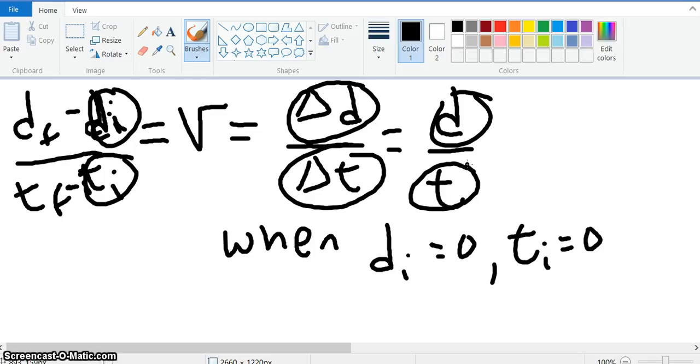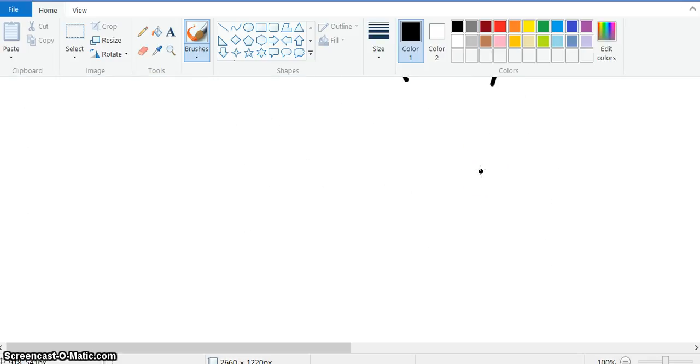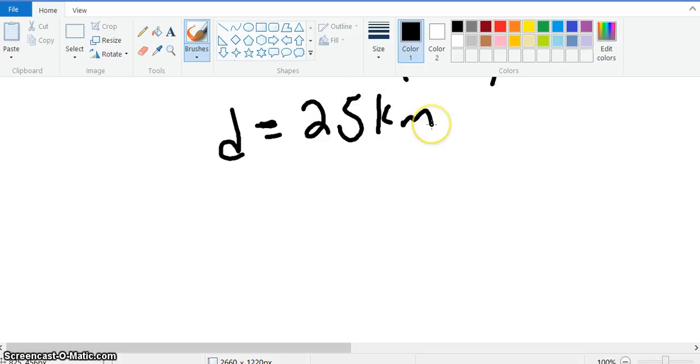So let's do a quick example. Suppose we had a car that travels a distance d. If it doesn't tell us an initial value, we're going to assume that it's 0. That's a safe assumption. Let's say that it travels 25 kilometers, and it does that in a time of 35 minutes.